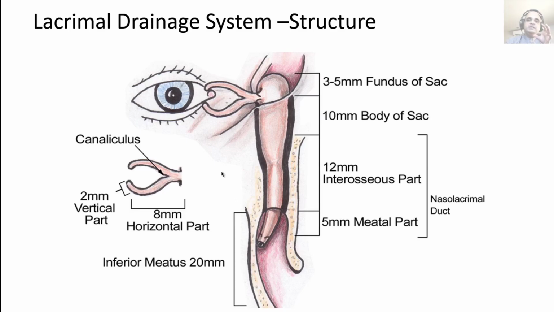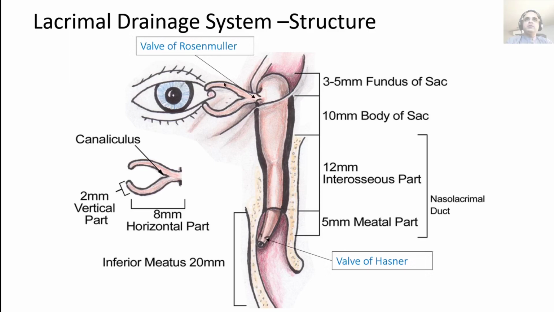What this system is designed to do is to allow one-way flow of tears from the eye all the way down into the inferior meatus of the nose, and it does that with the assistance of valves. The two most important valves are shown here: the valve of Rosenmuller and the valve of Hasner.